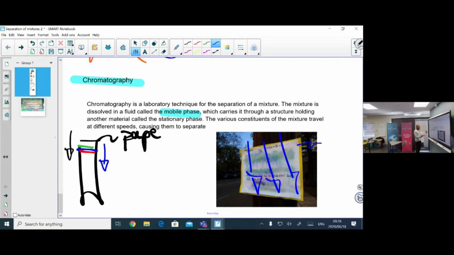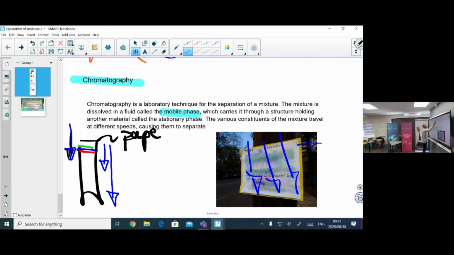And because of them having different particle sizes, those with small particle size will be able to carry in the liquid or the mobile phase, right? That fluid that we use to run through, and they will carry down our paper. And those that have large particles will settle or take longer to run through.